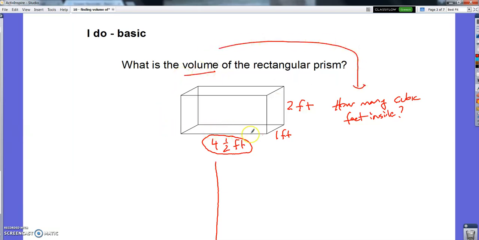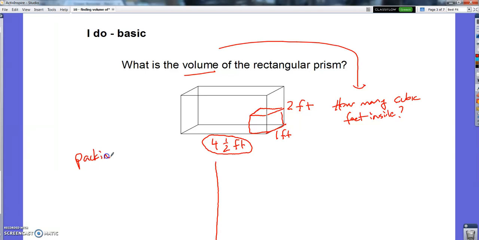So if this is 1 foot right here, what I'm doing is imagining I'm filling this thing with cubes that are about 1 foot by 1 foot by 1 foot, like I'm filling it up with 1 cubic foot cubes and figuring out how many would fit in there. So the first thing I could do is just pack it with cubes.